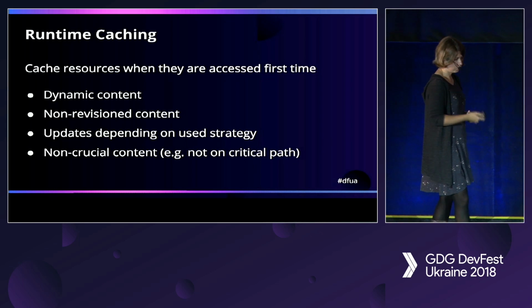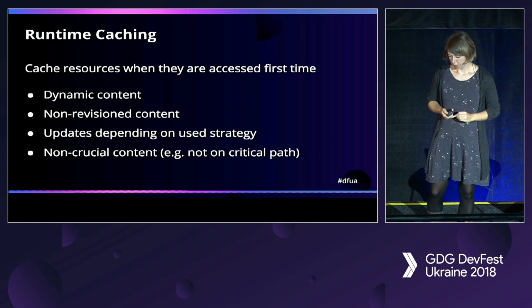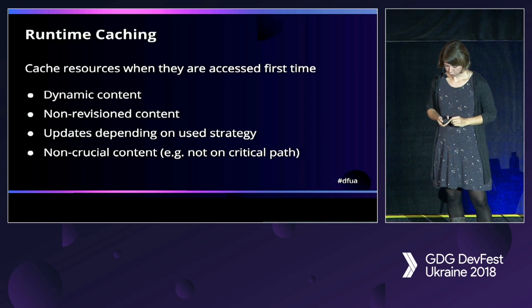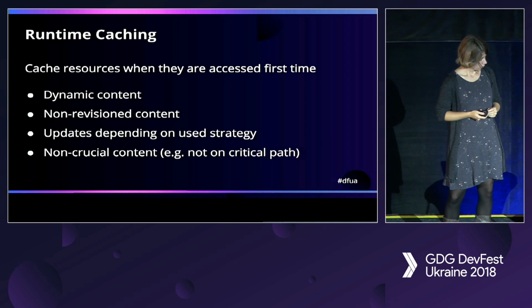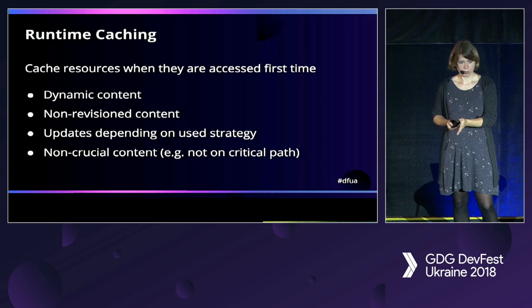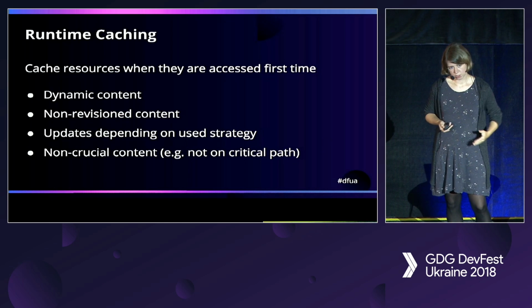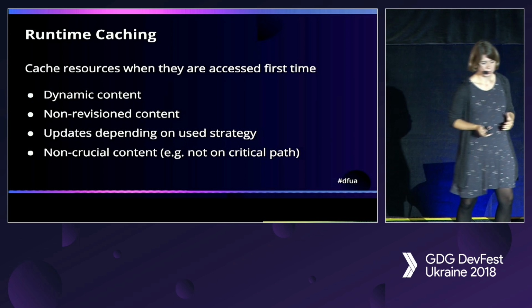Updates depend on your strategy, so you can update it depending on your development workflow. And it's very good for non-crucial content, which means it might happen that the runtime event didn't happen. For example, the user didn't access that particular URL, so you should never assume for sure it's going to be in the cache, right?